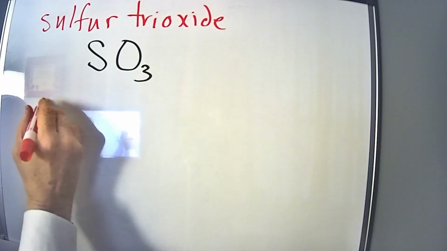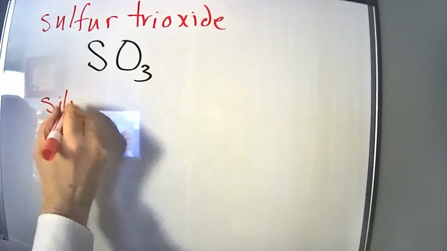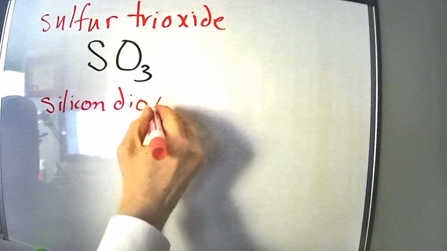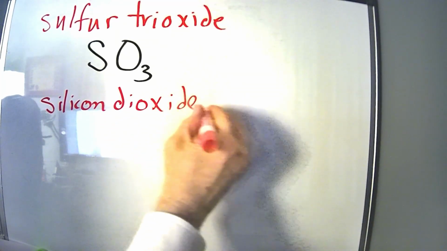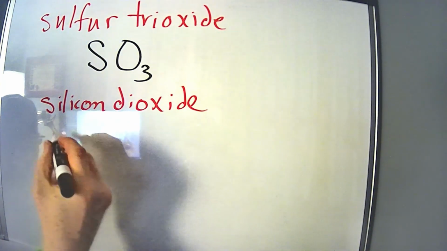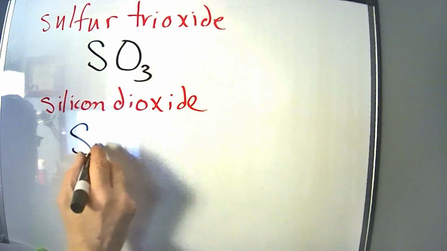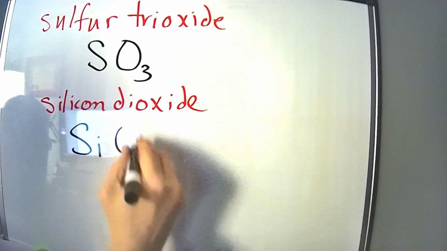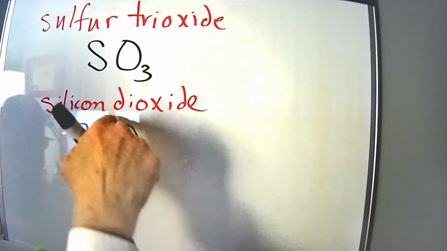Silicon dioxide. Silicon is Si. No prefix, understood to be 1. Dioxide, O2, because the prefix di is 2.